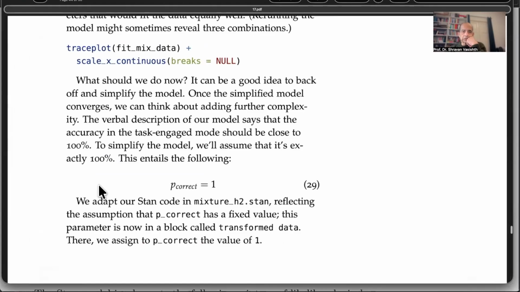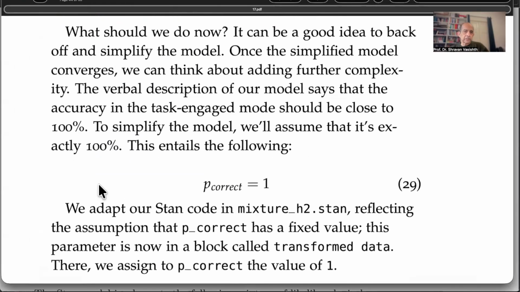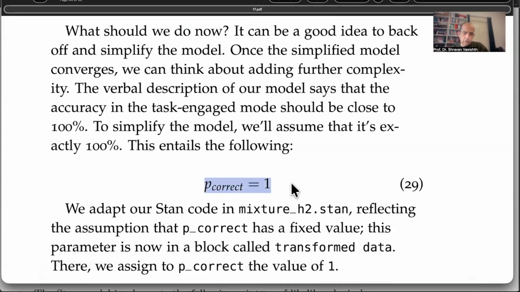One thing you can do is to try to simplify the model, right? And one way to simplify the model is to hard code the assumption that the probability of a correct response is 1, right? So during task engagement, when people are task engaged, they will give a correct response with probability 1. This is a pretty strong assumption.